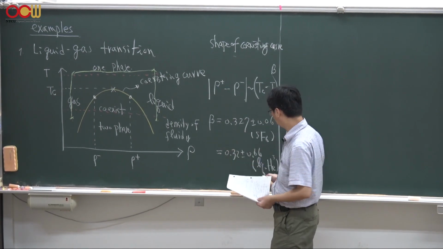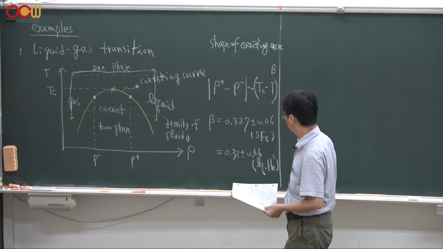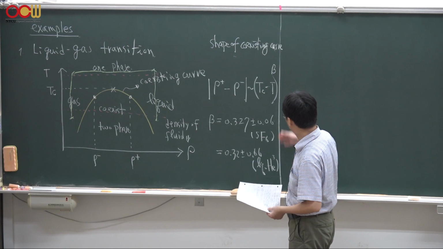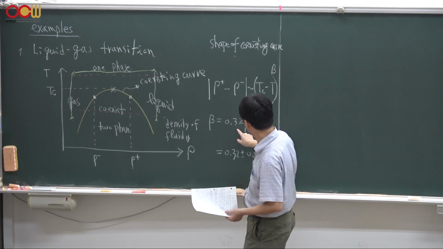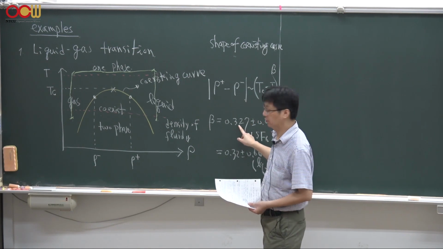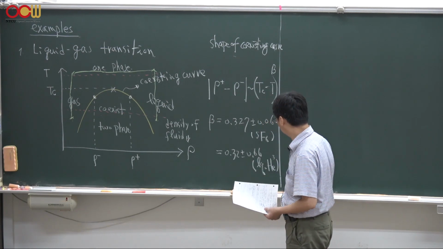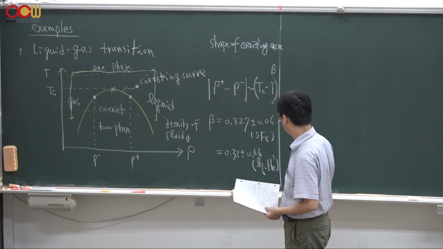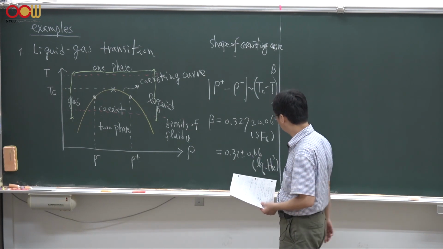As I mentioned last time, this can be rational or irrational, but in many cases these exponents are irrational values. And as is shown here, experimentally it is found to be 0.327, and the same critical exponent is found in another liquid-gas transition, liquid helium-3.